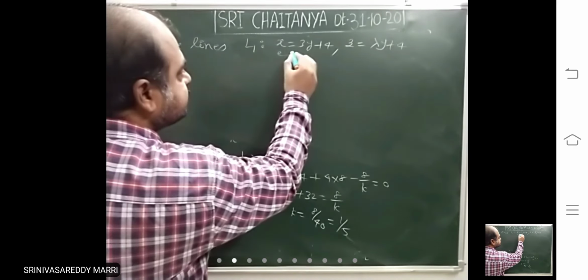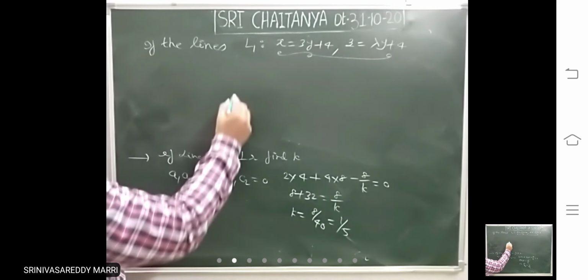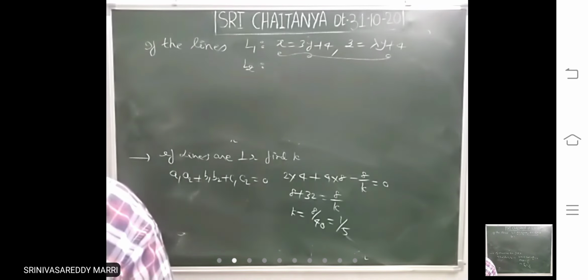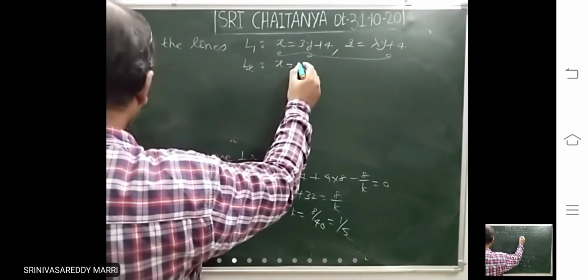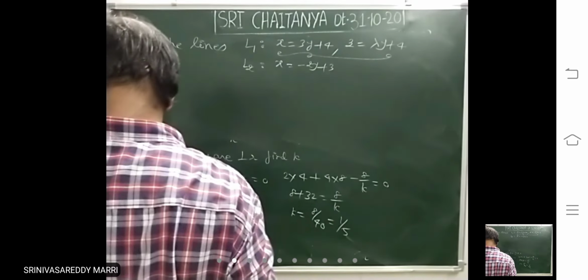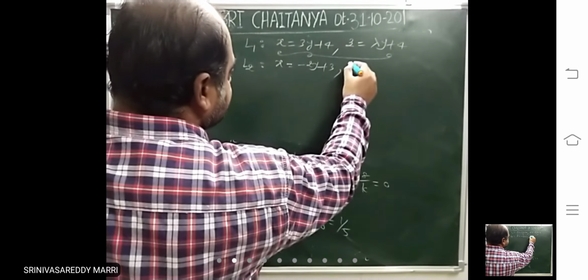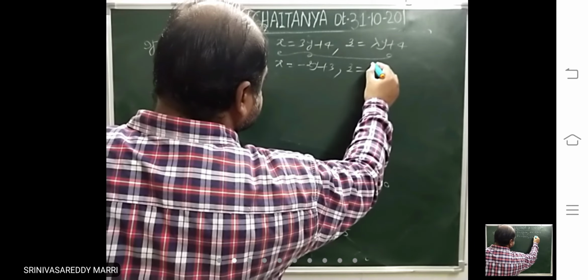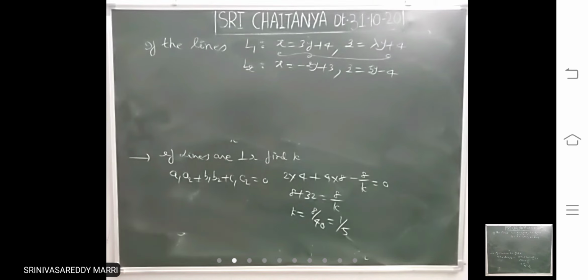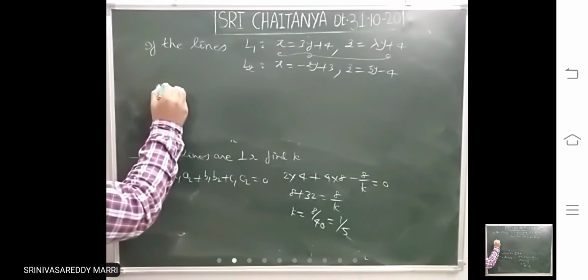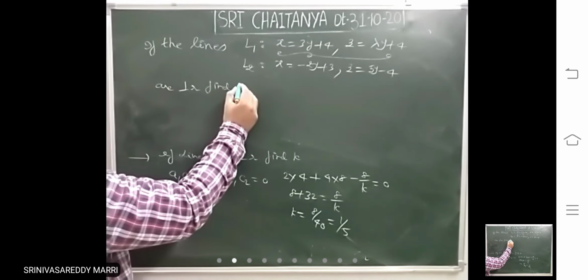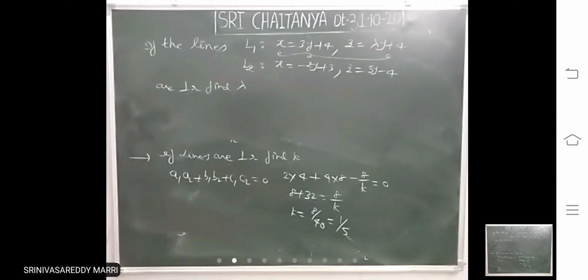Line L1 means these both. L2 is given as x equals minus 2y plus 3, z equals 5y minus 4. These are perpendicular. Find lambda. Look, this is very important.